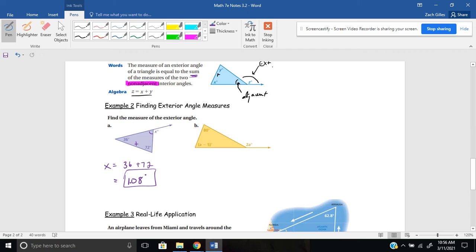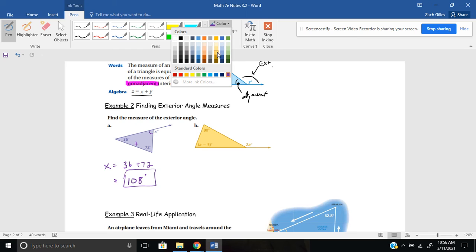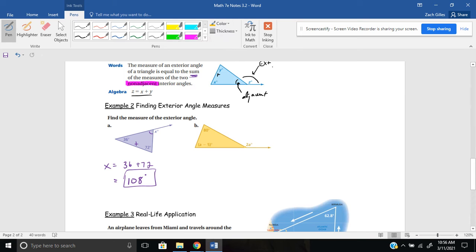Okay. Letter B is similar to that, except now we just have a little bit more algebra to do. So here's our exterior angle, 2a, and that's equal to the sum of the two non-adjacent. So these are the two non-adjacent interior angles. So 80 plus this other angle of a minus 5.